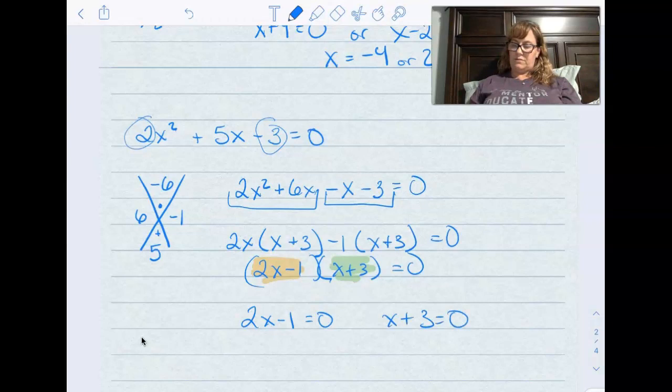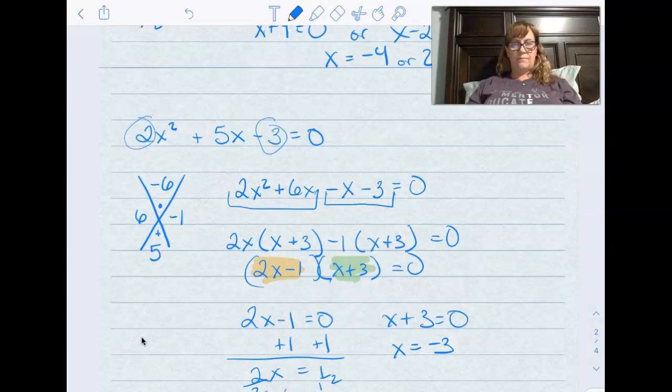So if I do this one on the right, x is going to equal negative 3. Let's work this one out. I get 2x equals 1. That means x is going to equal 1/2 because I've got to divide by 2 on both sides.